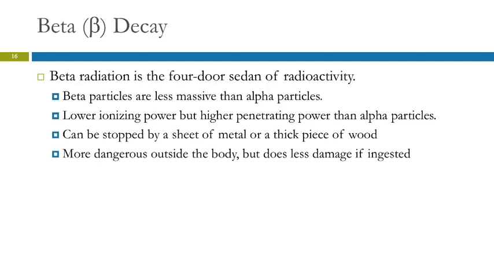So beta radiation can be stopped by a sheet of metal or a thick piece of wood. Your clothing or a piece of paper is going to do nothing. It'll just go right through that. But a thick piece of wood will stop it. So this is more dangerous than alpha radiation outside the body, but it's less damage inside the body than alpha radiation, because its ionizing power is less. They're both bad, though.